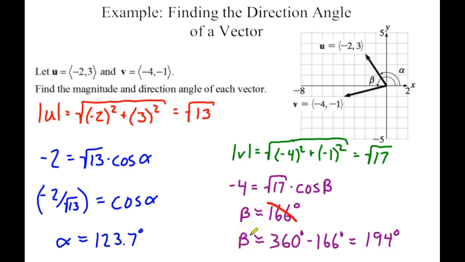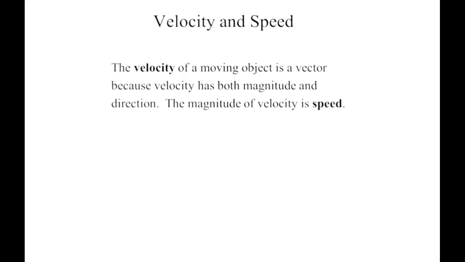For angle beta, the direction angle for vector v, we take 360 minus 166 to get approximately 194 degrees for that direction angle, which makes sense. If we're in quadrant 3, we know our angles are going to be between 180 and 270 degrees, which 194 degrees is.